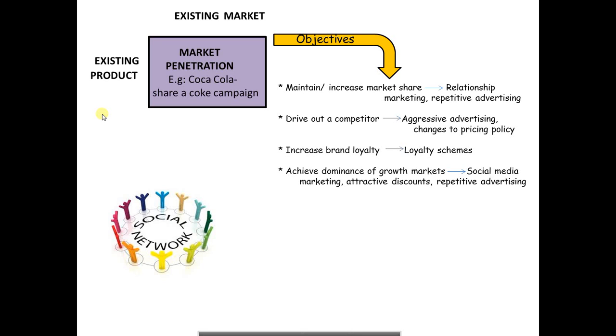Another objective is the business could want to become the market leader in growth markets. So to do this, the business could use different methods like social media marketing, which is so big at the moment.